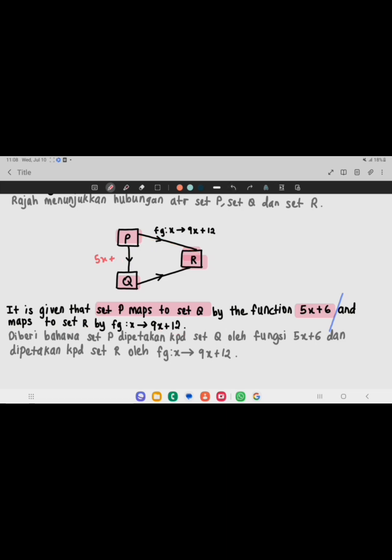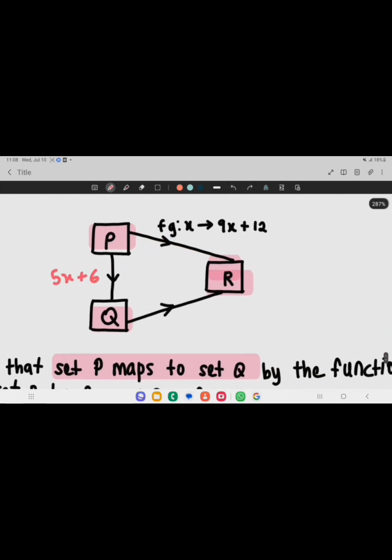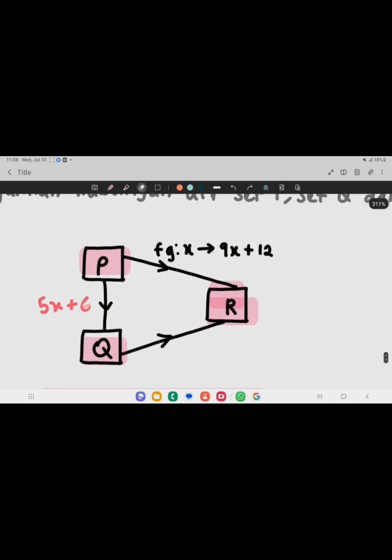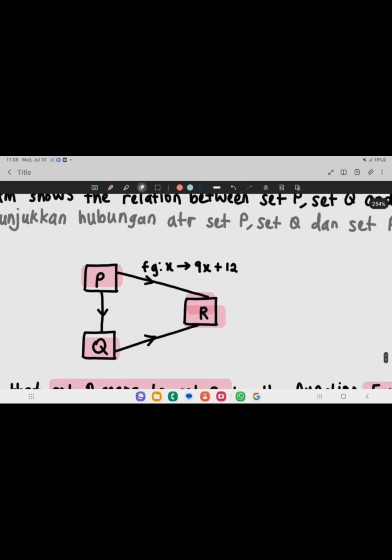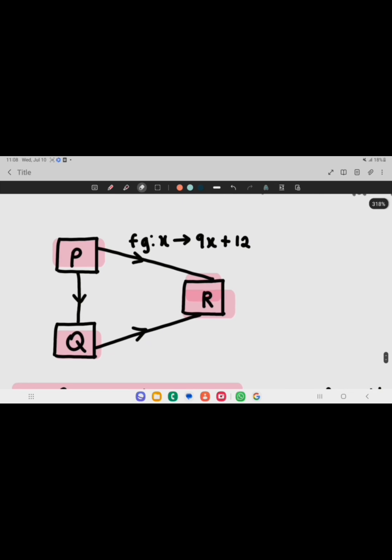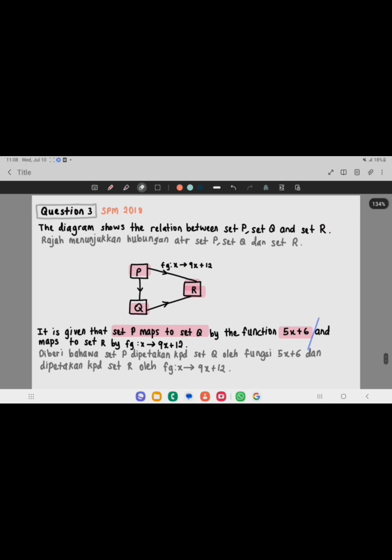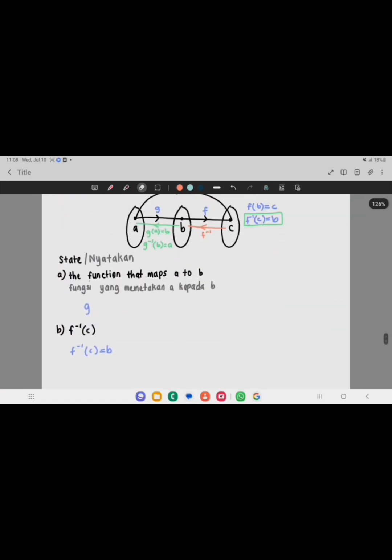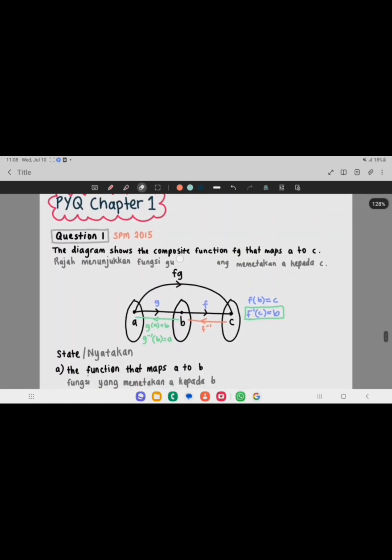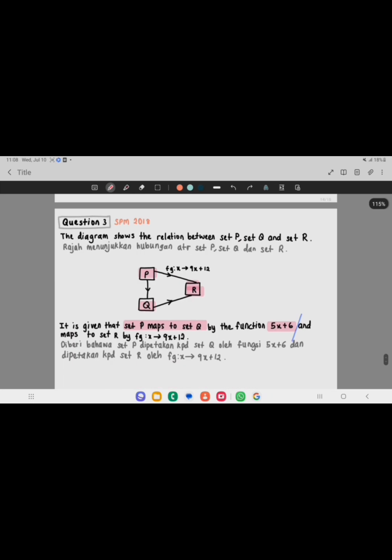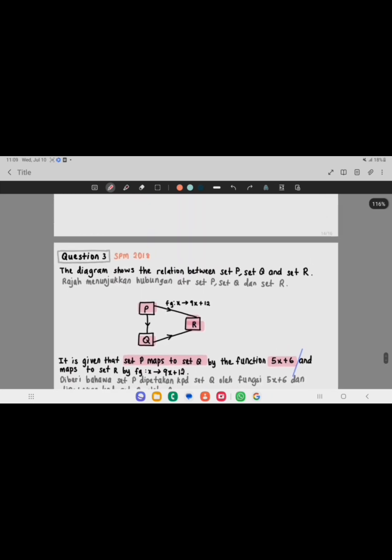Okay, now let's go through the diagram. Let me erase this first. Some of you cannot really understand the diagram given to you, but it is actually the same. This question is actually the same as question 1. Basically they are giving you this diagram, but here in the shape of an oval, but in question 3 just now they gave you the square shape, the map shape.